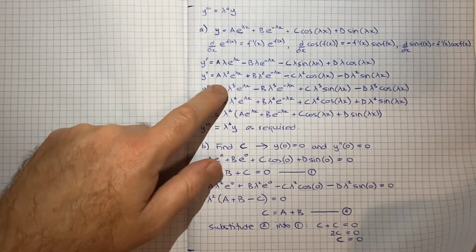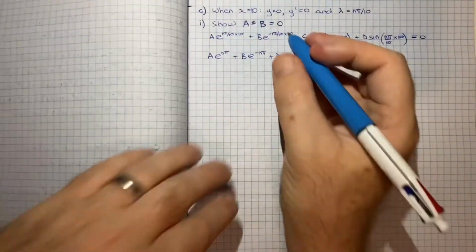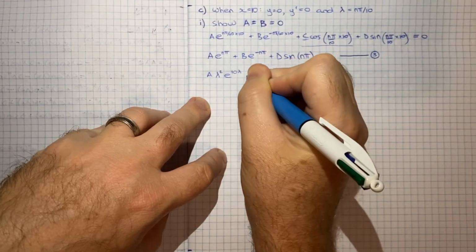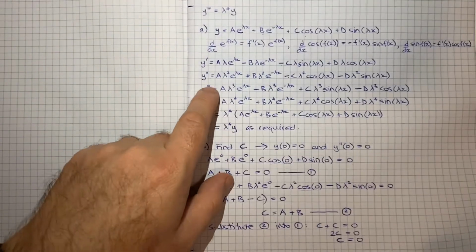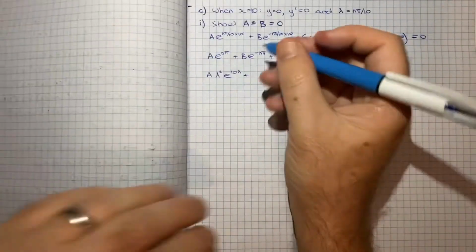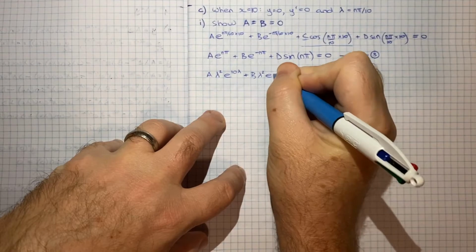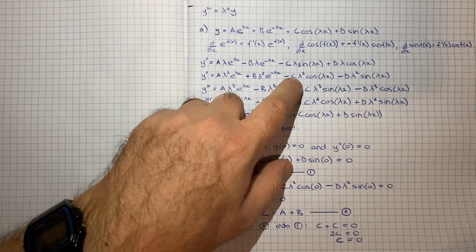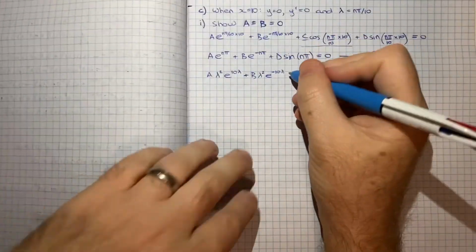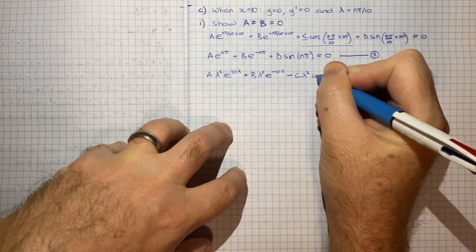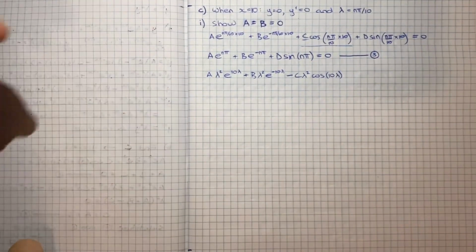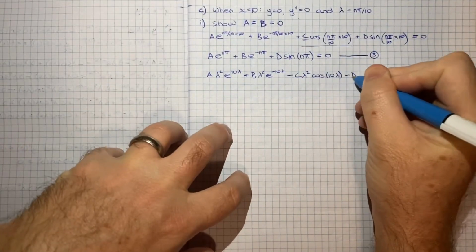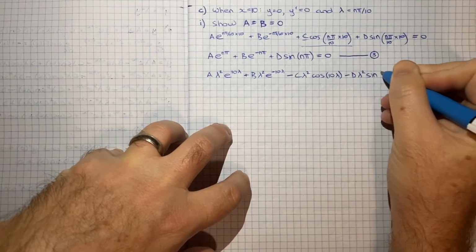So we'll have a lambda squared e to the 10 lambda plus b lambda squared e to the negative 10 lambda, minus c lambda squared cos 10 lambda, minus d lambda squared sine 10 lambda.